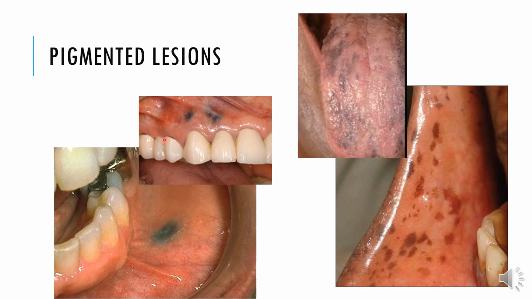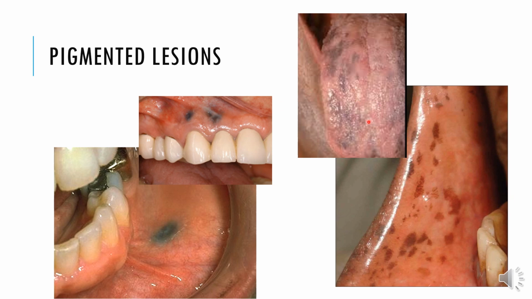Probably this is a PFM crown. You can't really make out very well. And then you're looking at the grayish blue areas somewhere at the attached gingiva region. So this could be retrograde amalgam, which is visible through the layers of the mucosa, or you could also think of it as a nevus, which is a differential diagnosis.